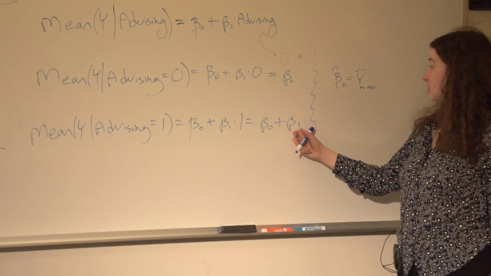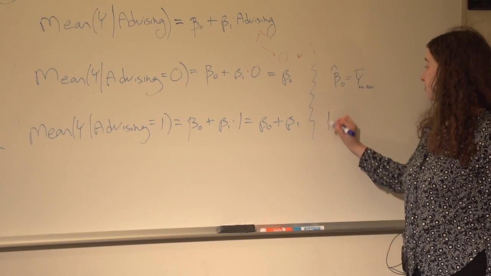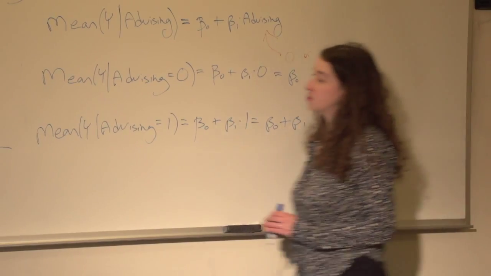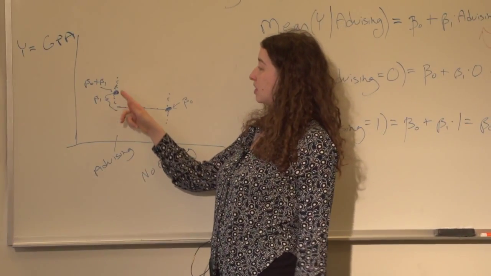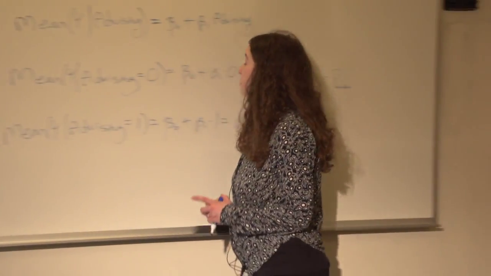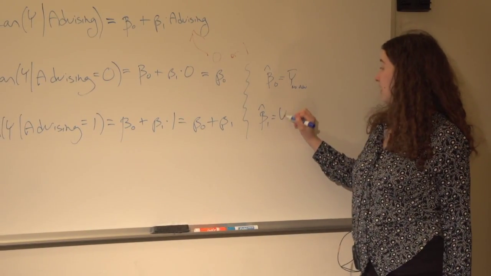How are we going to estimate this quantity beta 1? This hat means we're estimating. That's going to be the difference between the mean GPA that we observe in our sample among those who got advising minus the mean GPA we observe in our sample among those who did not get advising.